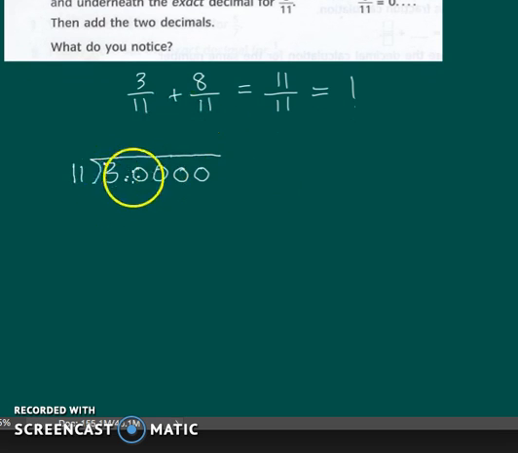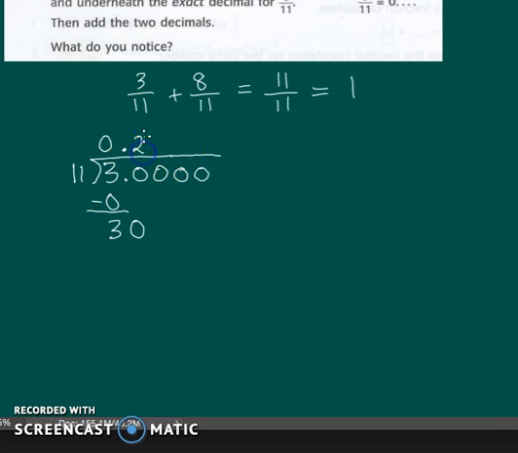Okay, so how many times does 11 go into 3? 0 times. 11 times 0 is 0. Subtract that, we get 3, and I'll take down the next 0, and I will copy over this decimal point up here. How many times does 11 go into 30?